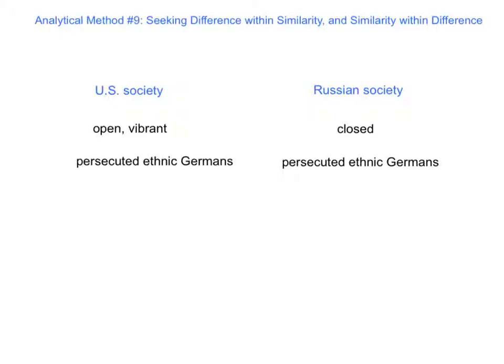So, considering that difference within the similarity, it also creates a kind of friction that you can look into. Considering that you're coming from two different places, why is it that both societies ended up in the same place vis-a-vis their German population? And that can open up questions about human nature.